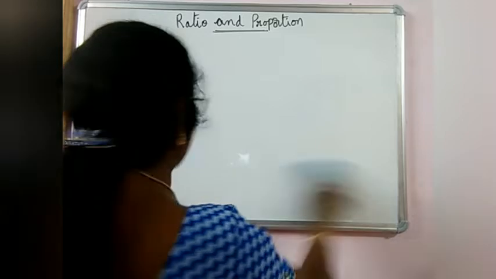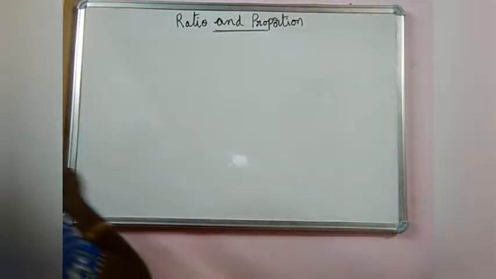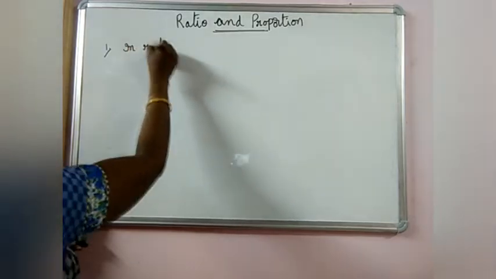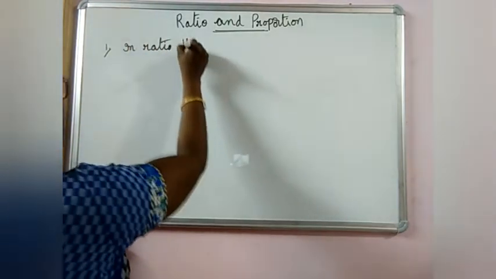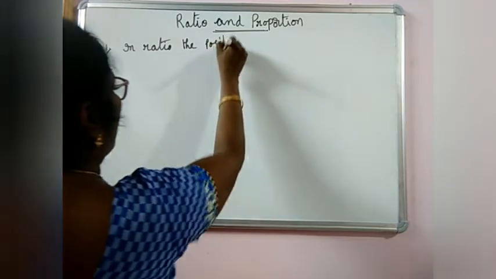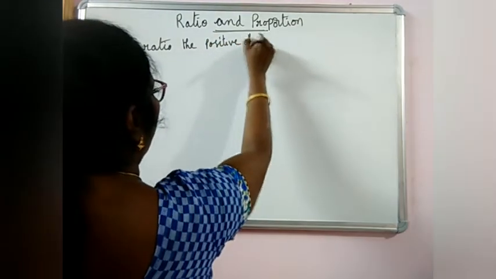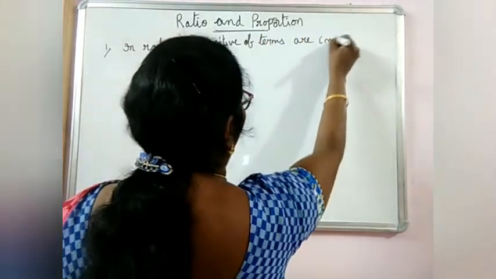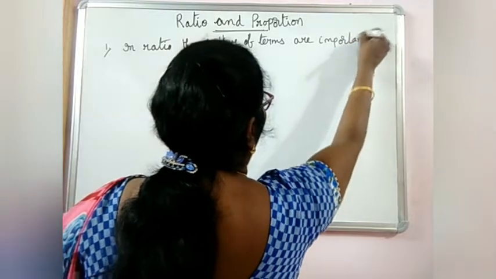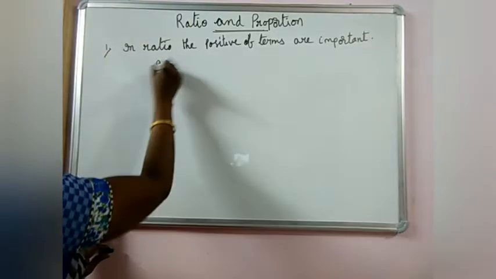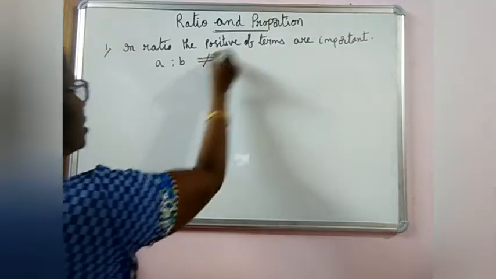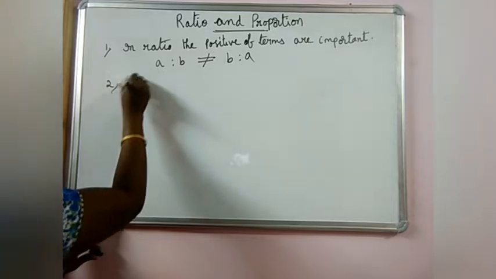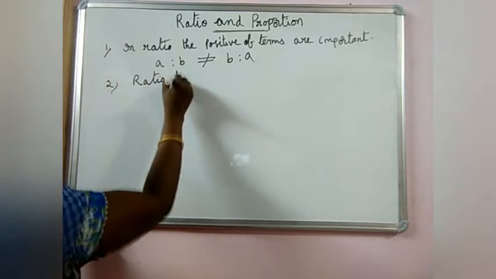First term should be first term, second term should be second term. That means A is to B is not equal to B is to A. Okay? Second one, ratio has no unit.